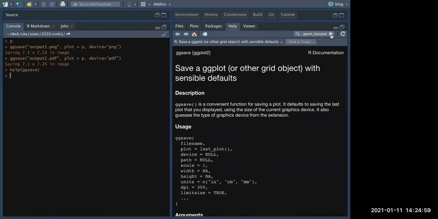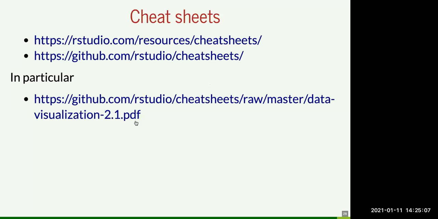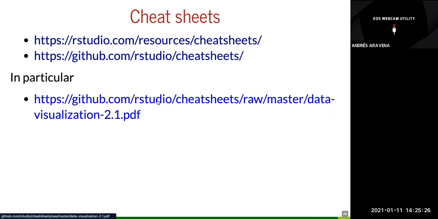You write help here in the help slide, and you get it here. Second alternative is all these sheets. These are the description, and in this page there are much more than we would like to know. There are too many options. In particular, the one I was showing you is the one we are using today.